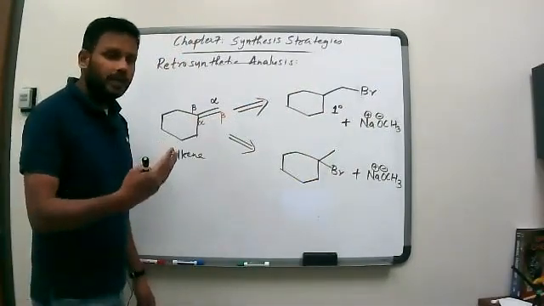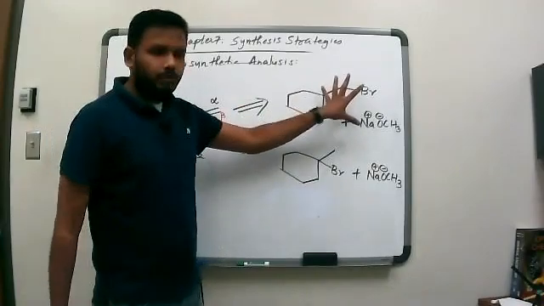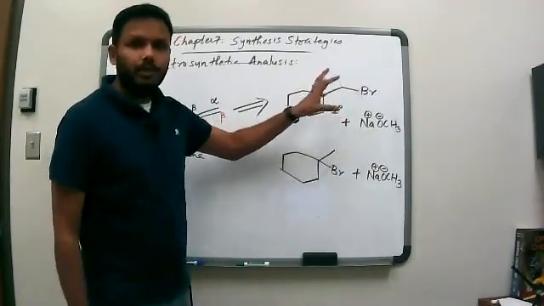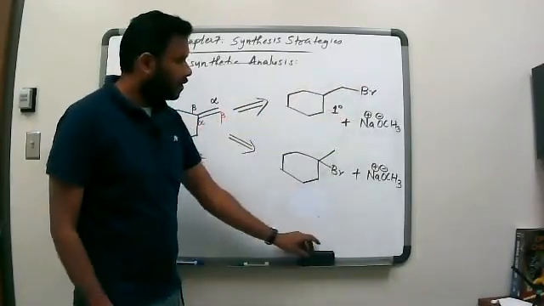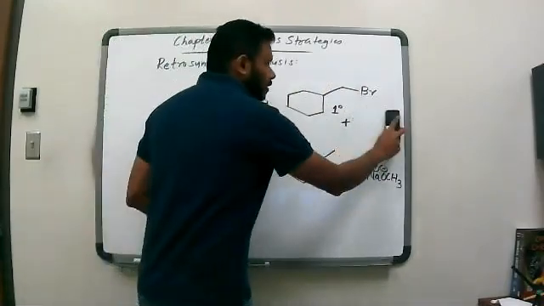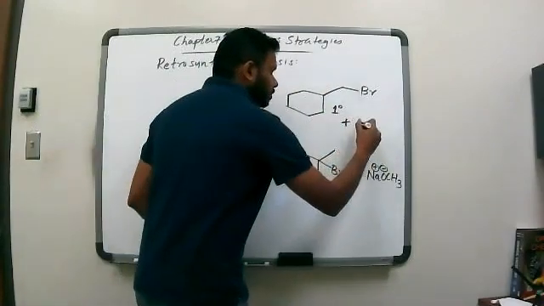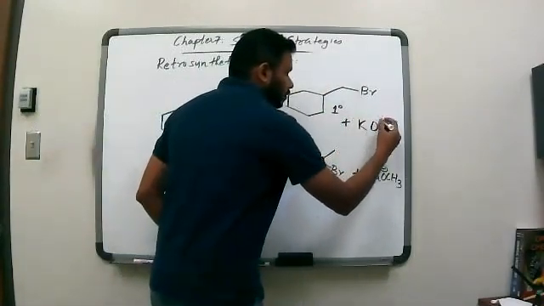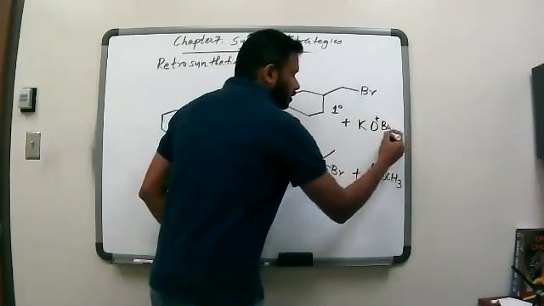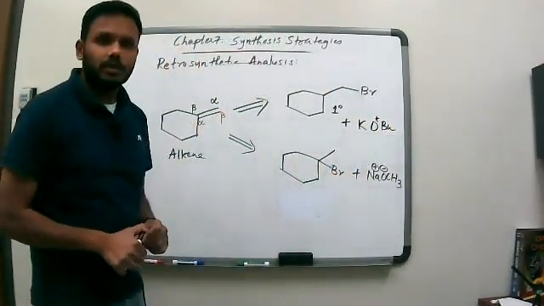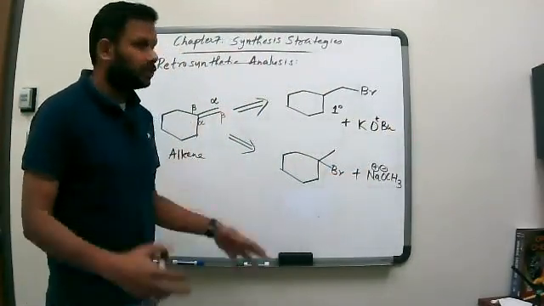So how do we get an elimination in this situation? We have to change our base to a bulky base. So we're going to switch this out with a bulky base, let's say potassium tert-butoxide, potassium t-butoxide.